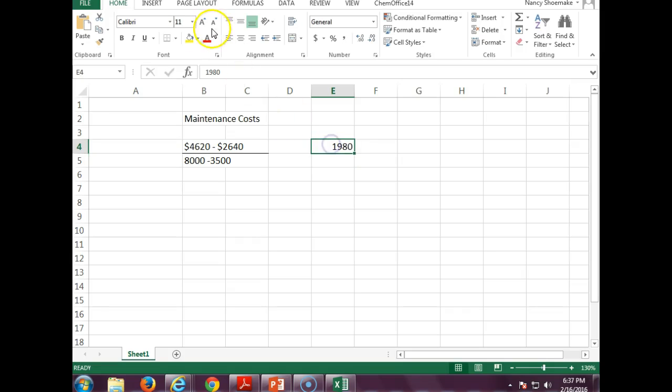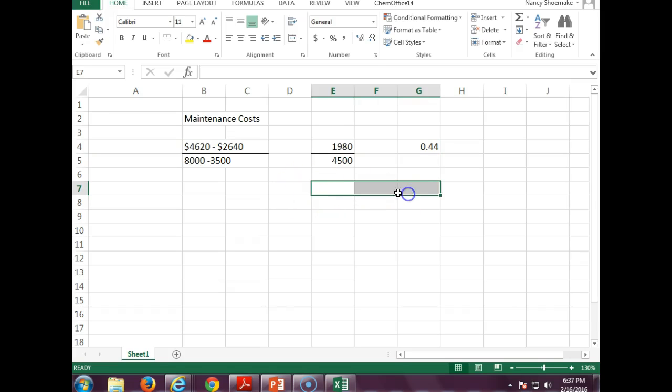We're going to divide that by 4,500. 1,980 divided by 4,500 gives 44 cents per hour. So we know our variable cost there is going to be 44 cents, and that's how we calculate it.